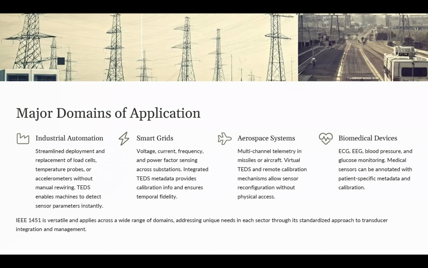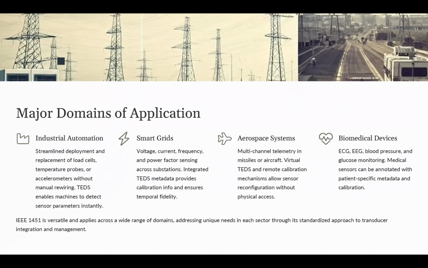In a smart grid, this standard supports accurate and time-synchronized monitoring of voltage, current, frequency, and power factors across our grid. It uses built-in calibration and temporal metadata that we get from the TEDs in our system.